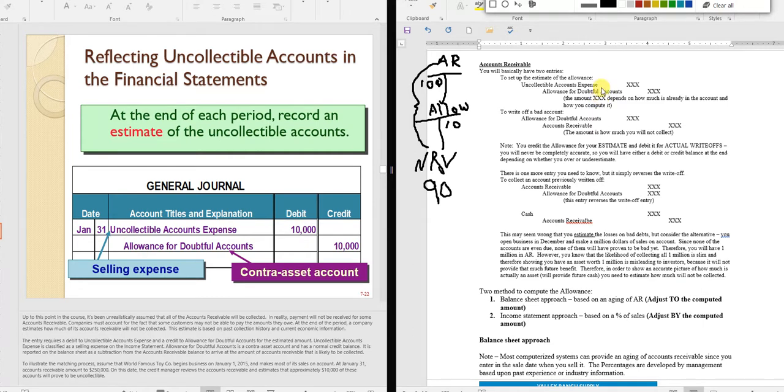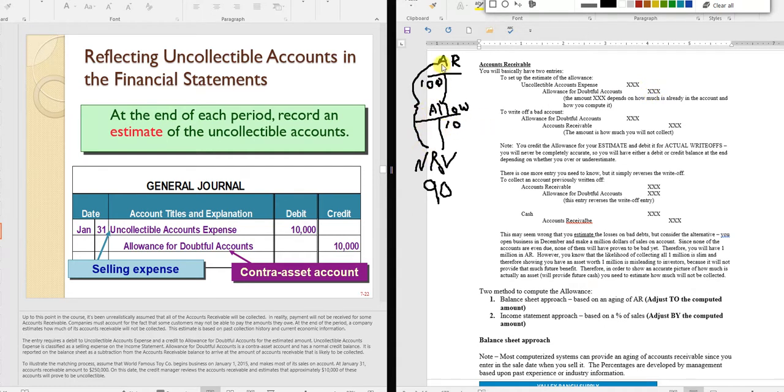Okay, so I want to talk about this allowance for doubtful accounts. What happens on your balance sheet is you have accounts receivable, and I completely made up this number, so it doesn't relate to this problem at all. I have $100 in accounts receivable, and I am estimating that 10 of those accounts receivable will not be collected. So notice allowance for doubtful accounts is a credit, so I credit it for 10.